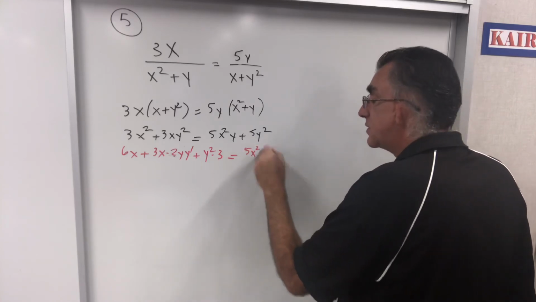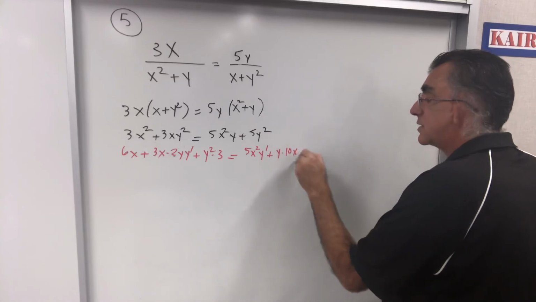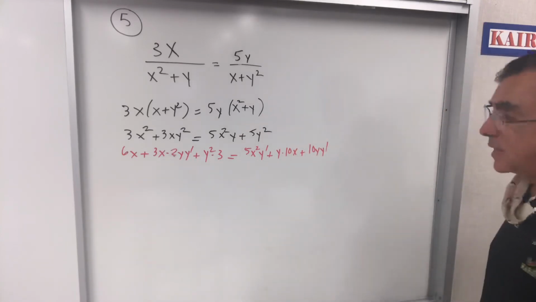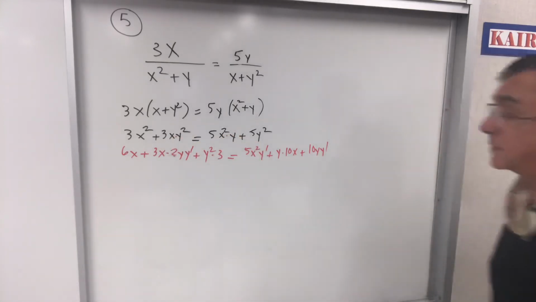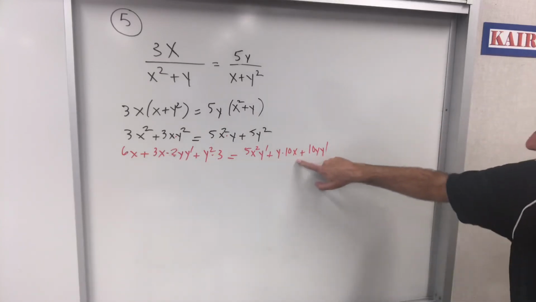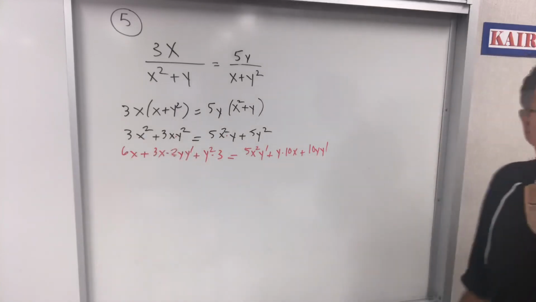First times the derivative of the second plus the second times the derivative of the first, plus 10y prime. It's kind of a pain because you got two pretty massive product rules going on there. So you got this big product rule here, a big product rule here, and then of course you got the 5y squared and the 3x squared too.